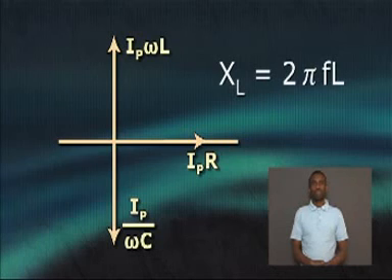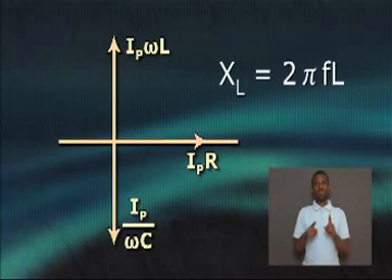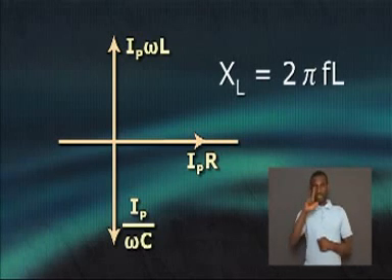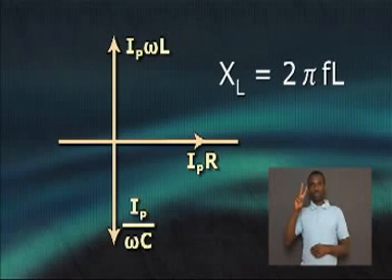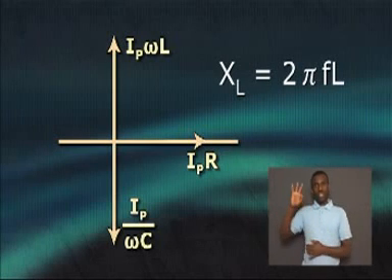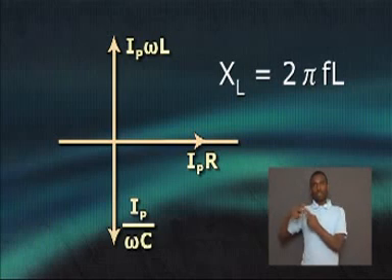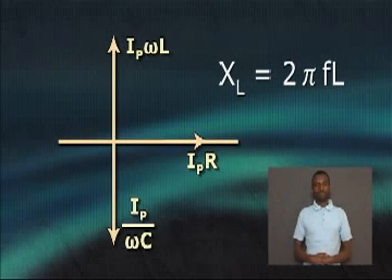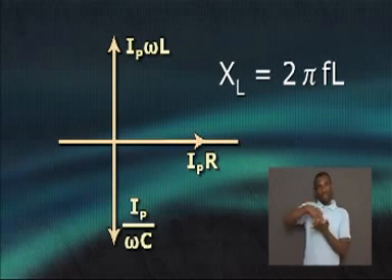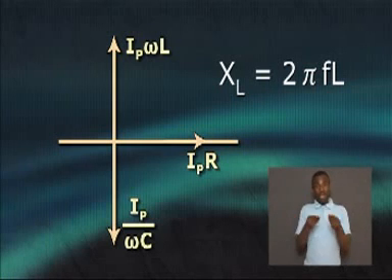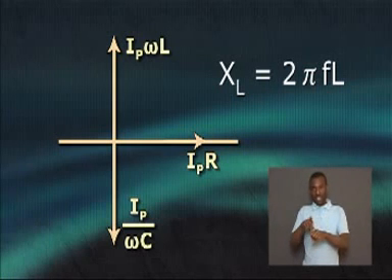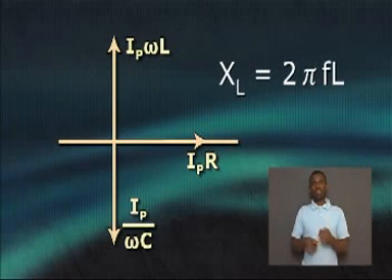It is given by the expression XL is equal to 2 pi times F multiplied by L, where F is the frequency of the supply's phase difference and L is the value of the inductance.